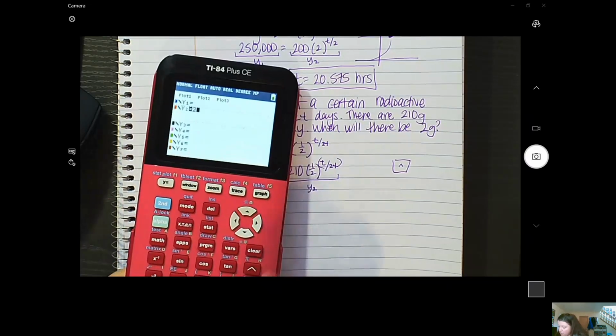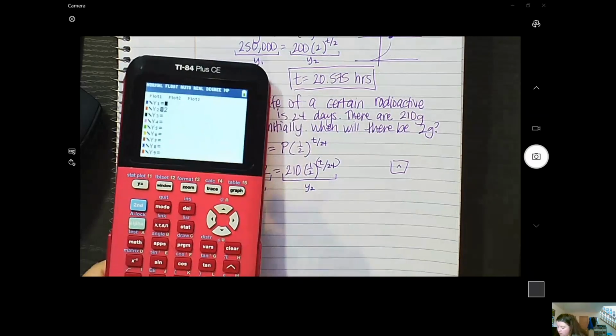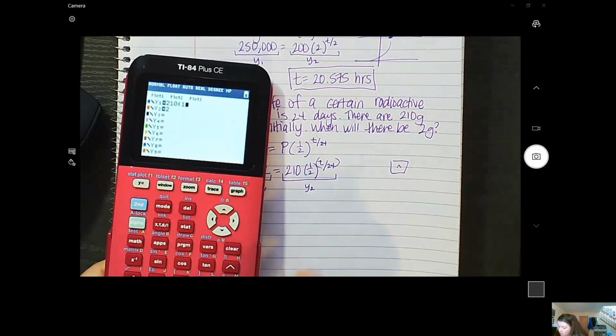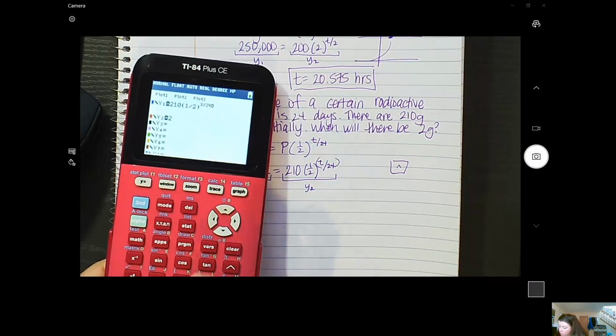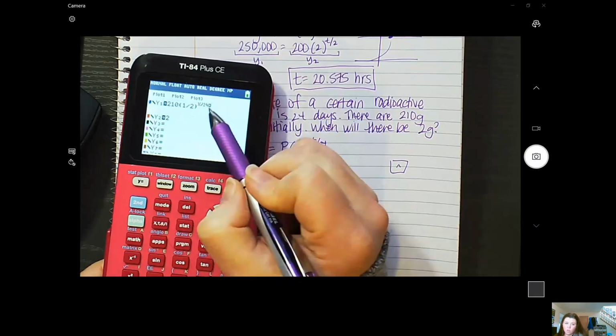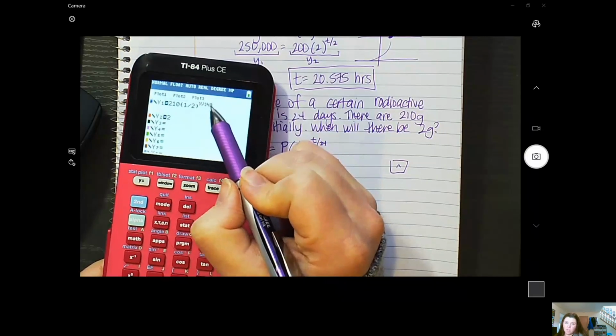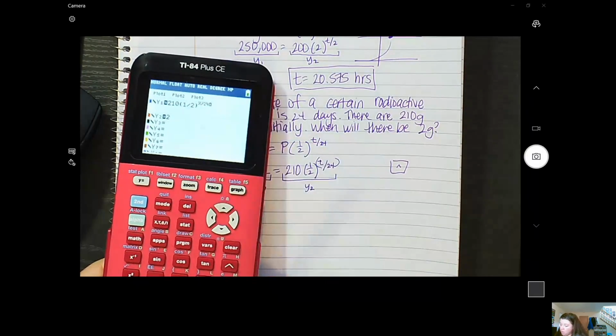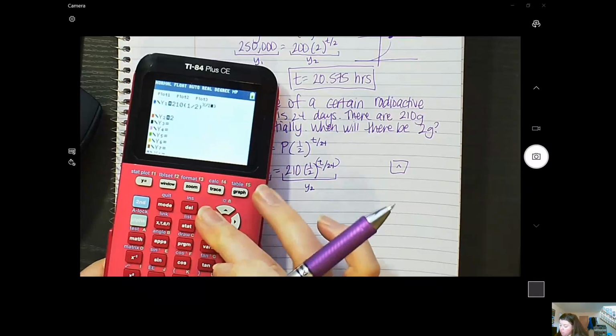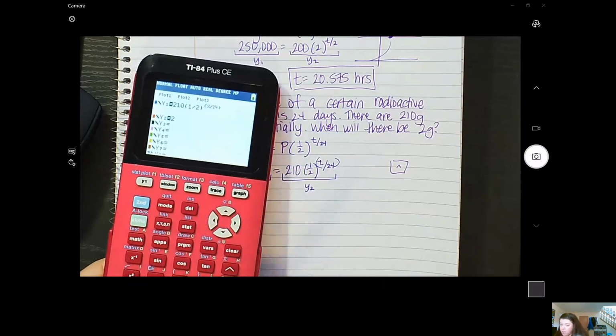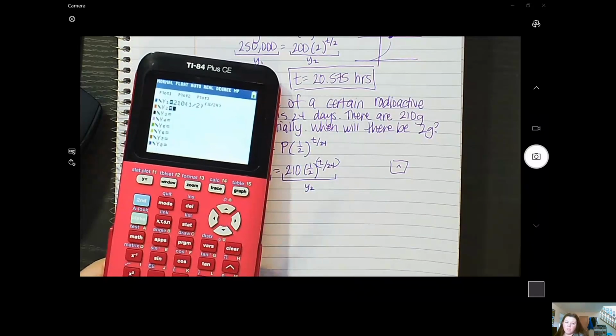Okay, so on one of the lines I'm going to put 2, it doesn't matter which one, and on the other line 210 times 1/2 to the power of x divided by 24. Now, again, if yours doesn't show superscript, then you're going to need to put parentheses around the exponent. I can put parentheses around it too. That doesn't hurt anything. So if all else fails, just put parentheses.